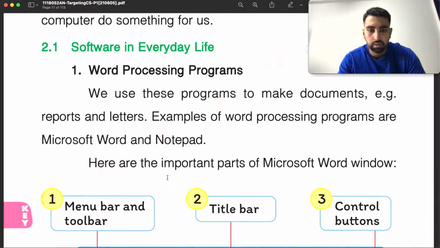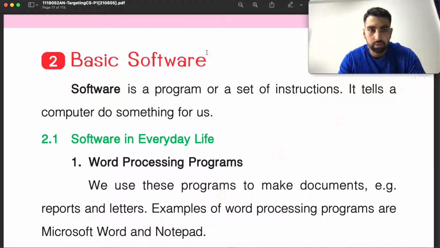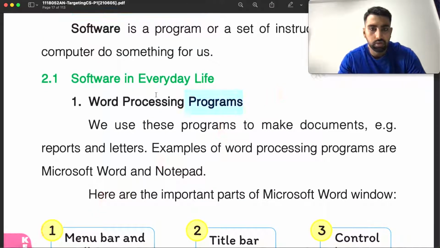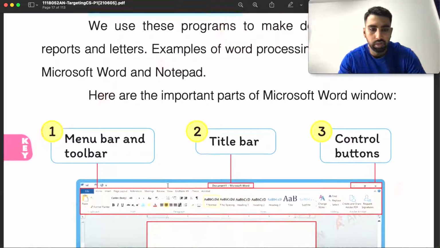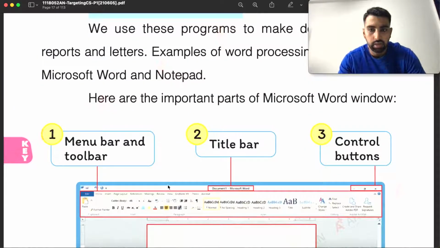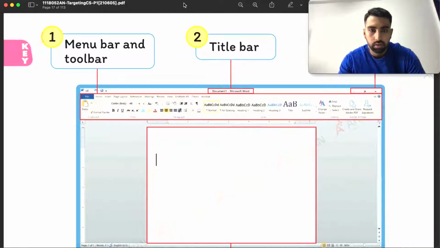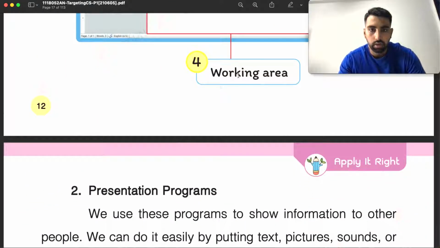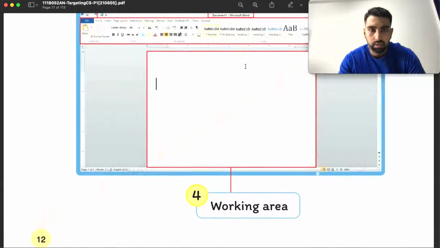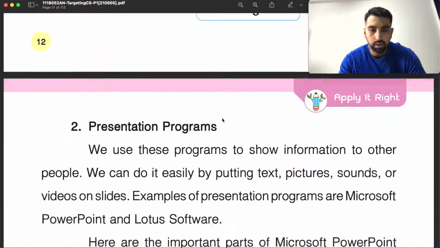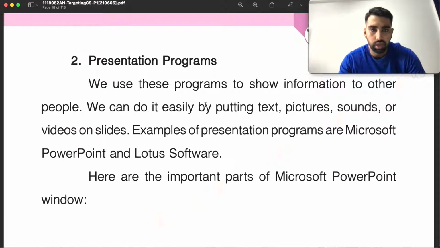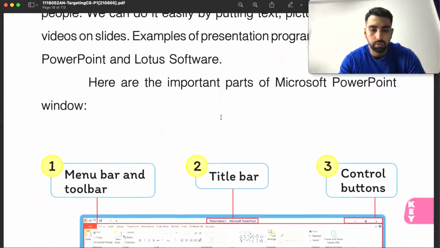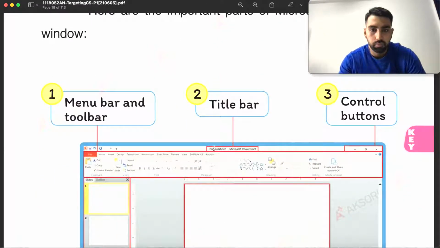And then we studied basic software. All right, the first one, word processing program, which was Microsoft Word, and it has different parts: control button, title bar, menu bar and toolbar. All right, and the fourth one is the working area. And same like that we have a presentation program, and that was PowerPoint.